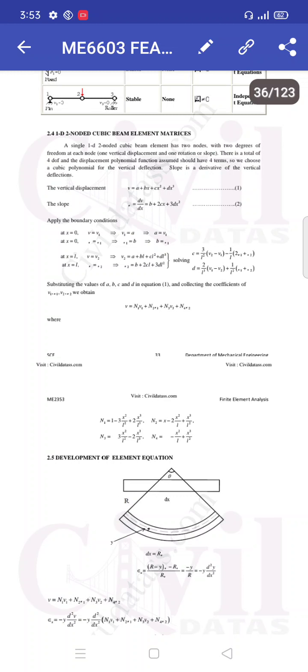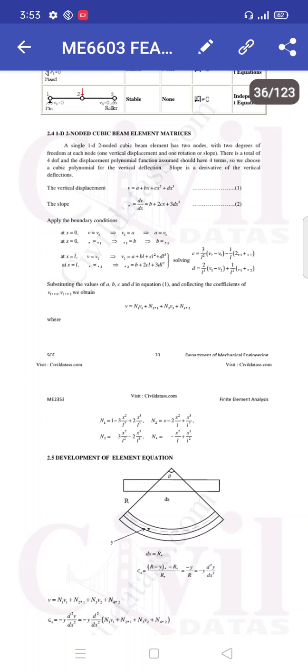There is a total of 4 degrees of freedom and the displacement polynomial function assumed should have 4 terms. So we have to choose a cubic polynomial for vertical deflections. Slope is the derivative of the vertical deflections.